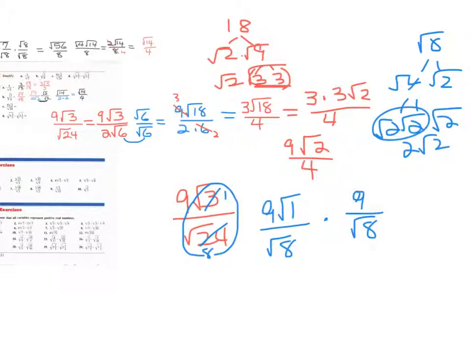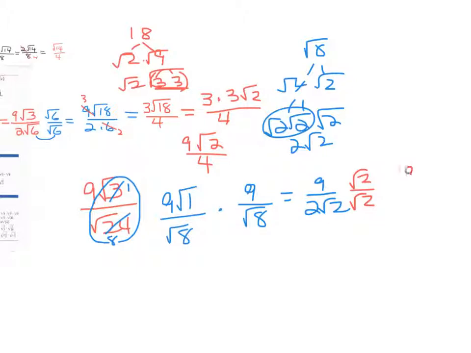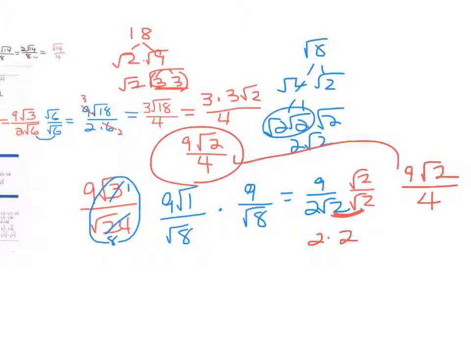So I'm going to simplify 9 over 2 radical 2, and now I can rationalize. Multiply by radical 2 over radical 2. So I get 9 square root 2. Outside stays outside, inside stays inside. And then this pair of 2's becomes 1 2, I had a 2 outside, so 2 times 2 is 4. Same answer that I got when I did it either way. So it's up to you.